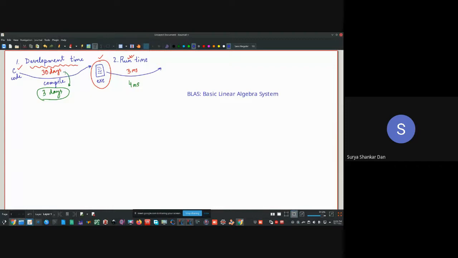Because the codes I used to run took around 1 week of 24 by 7 computation just to give the results. Of course, that 1 week would be reduced to about 3 days on modern hardware. But anyway, I had to spend this kind of development time writing the C++ code.